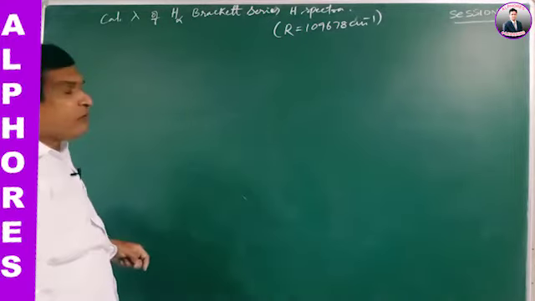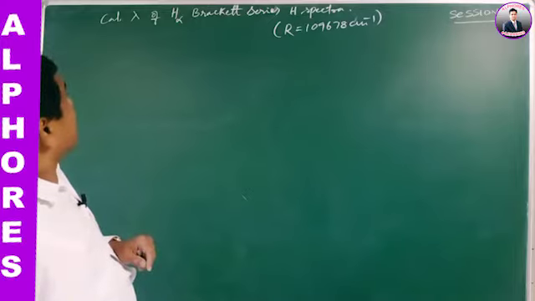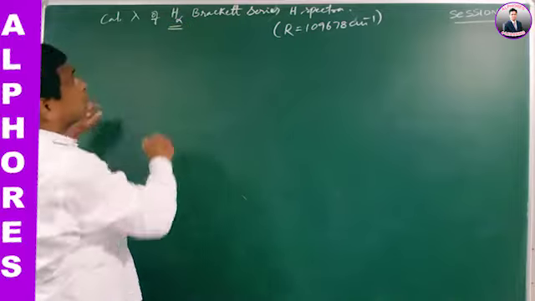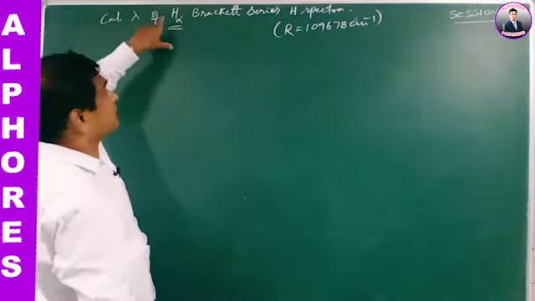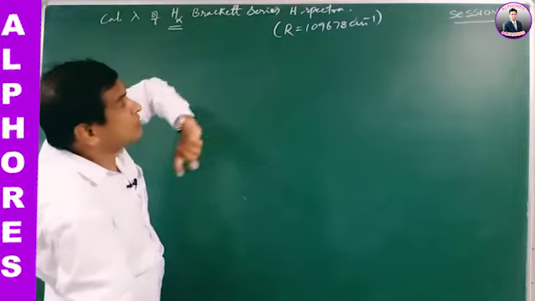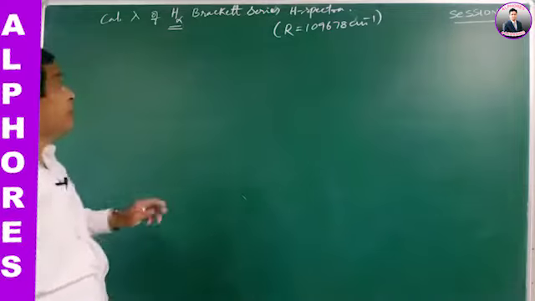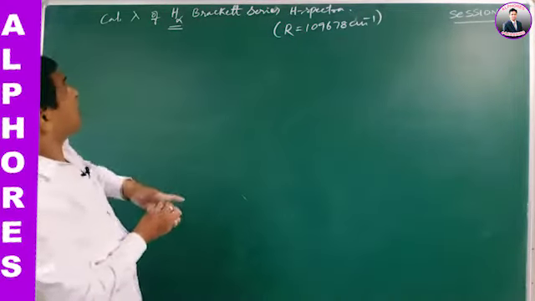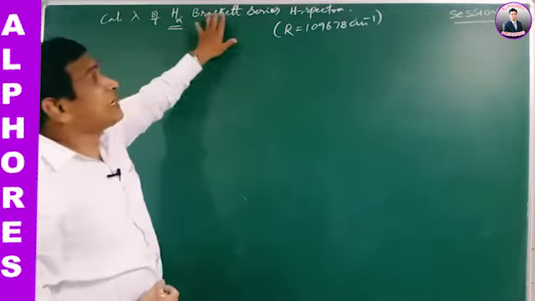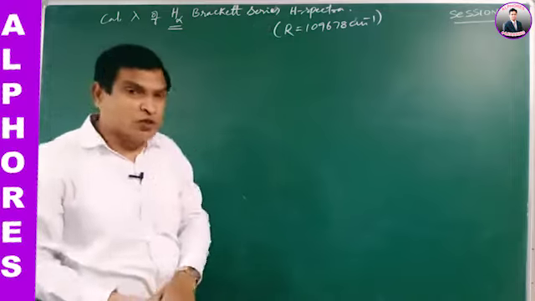Calculate the wavelength of the H alpha spectral line in the Brackett series of hydrogen atomic spectra. I repeat the question. So the Rydberg constant value is provided.